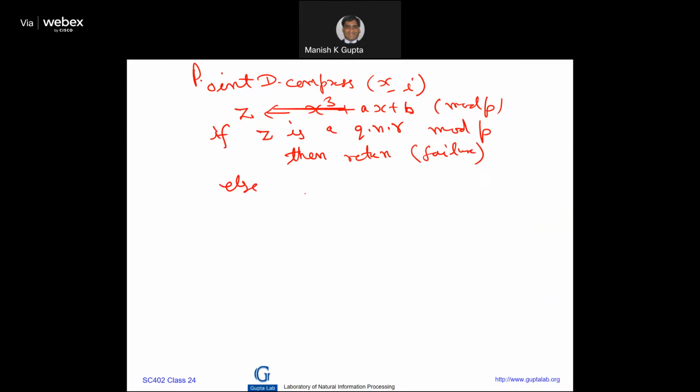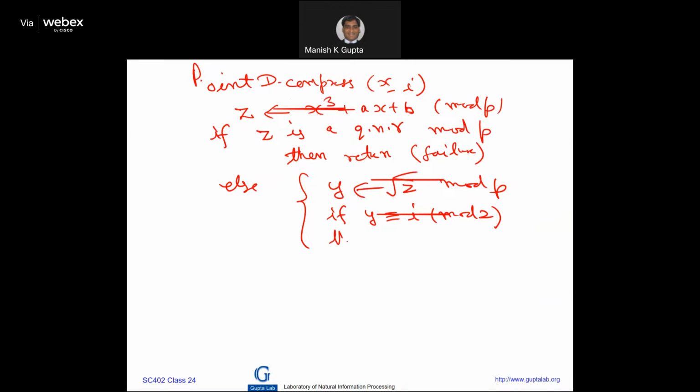Else, what you do, just put this value here, mod p. If y is congruent to i mod 2, then return this pair x comma y.